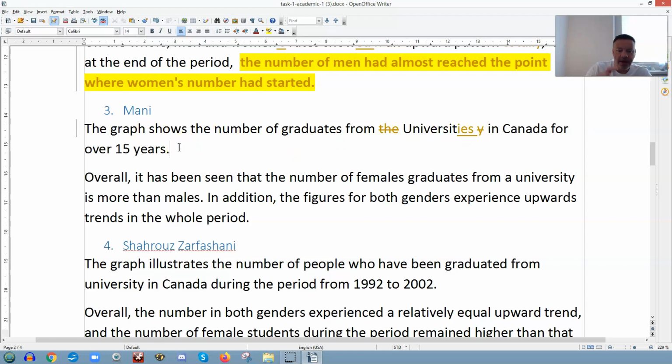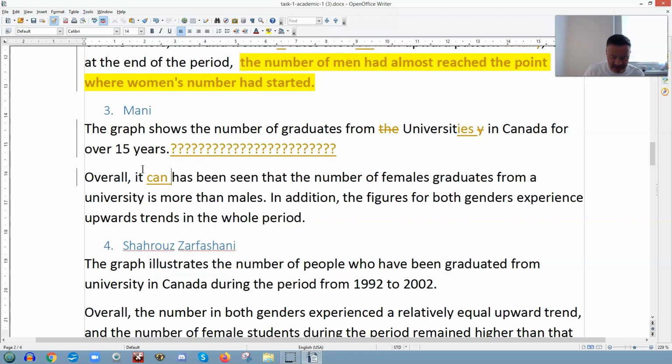So, male, female, how's it measured, what period, what time it starts. A lot of information missing from that introduction. The more details you can put in that introduction, the higher your task response score will be. Overall, it has been seen, was it past tense? We're looking at it now.